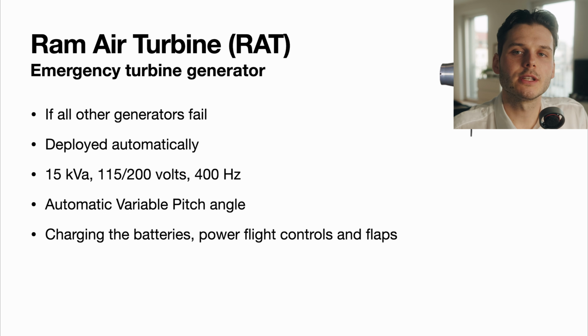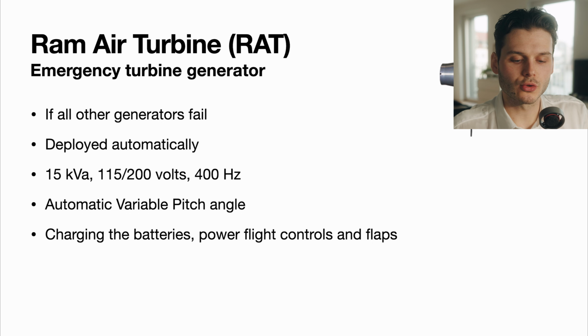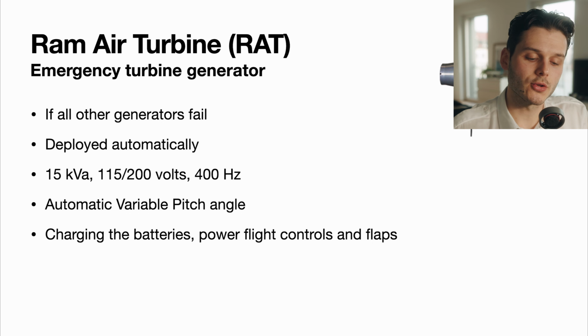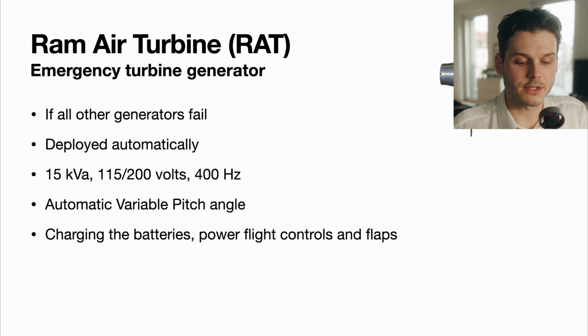But it would actually be coming out automatically. They produce only about 15 kilovolt amps, so it's a little bit less, but the same 400 hertz and 150 volts. And it has an automatic variable pitch angle. With that pitch angle, it controls its RPM to then supply continuous 14 hertz. And of course, it will also charge the batteries.